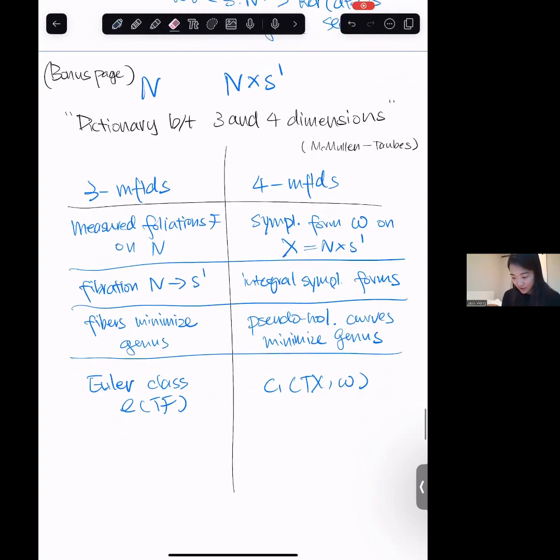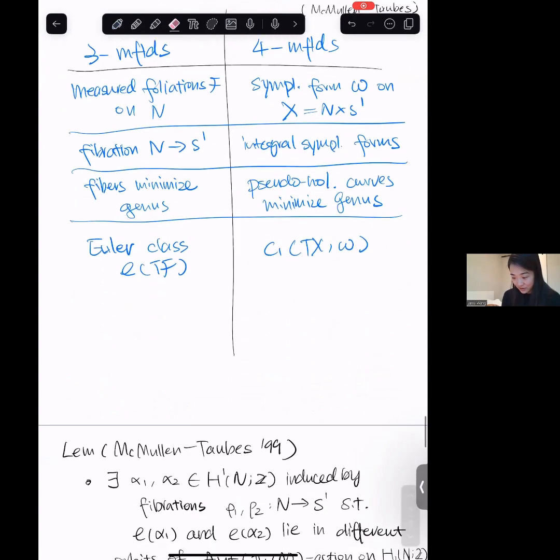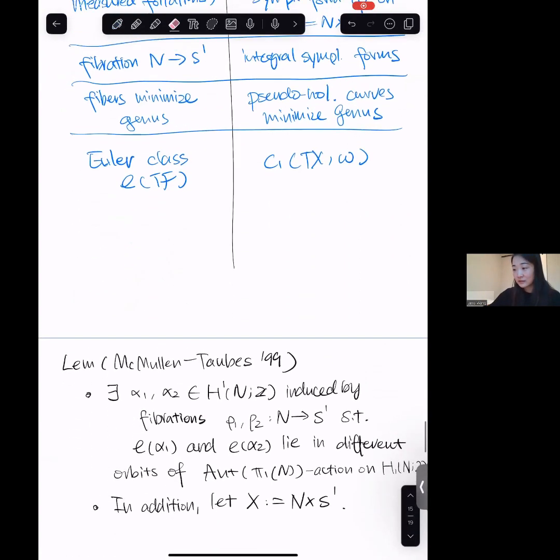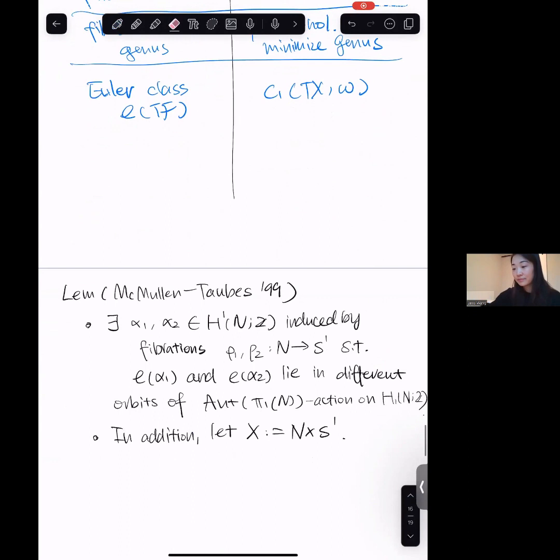So this leads to their result. They studied where Chern classes are mapped to under diffeomorphisms.